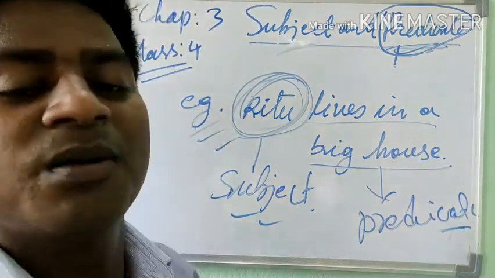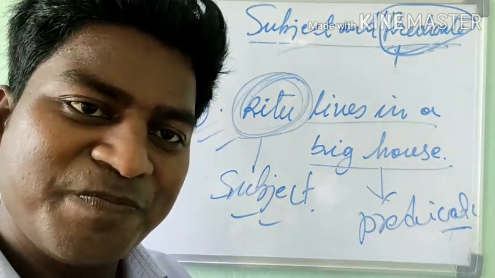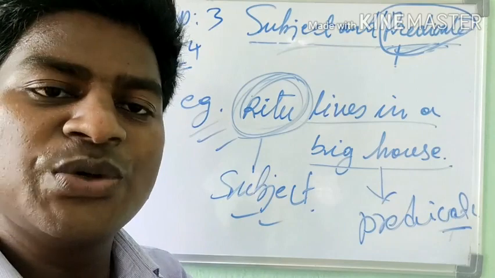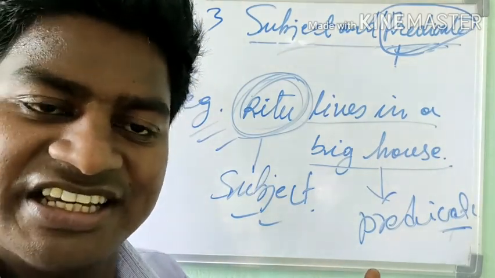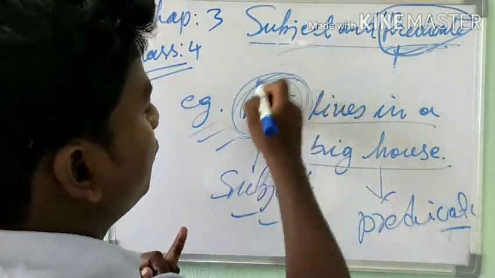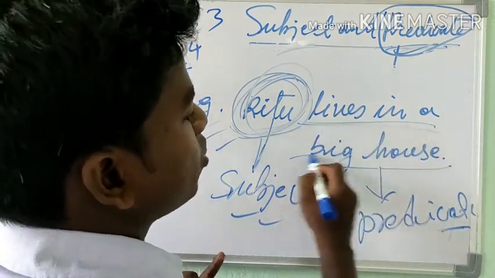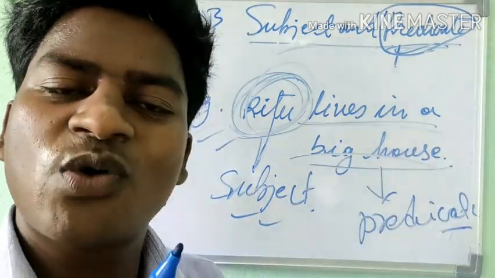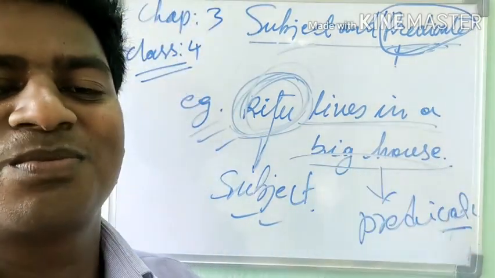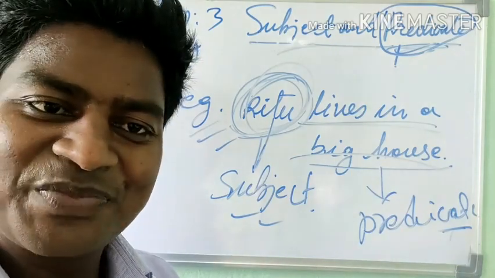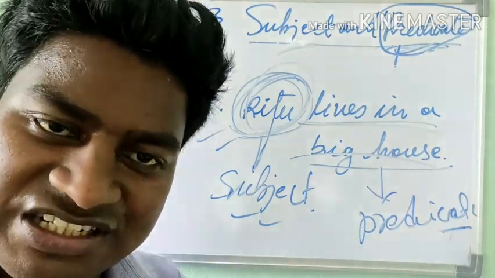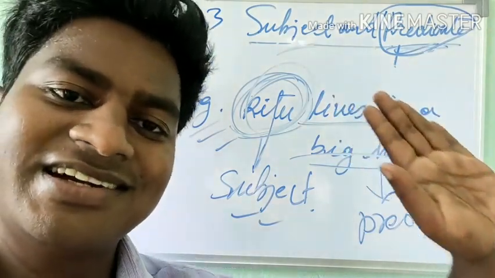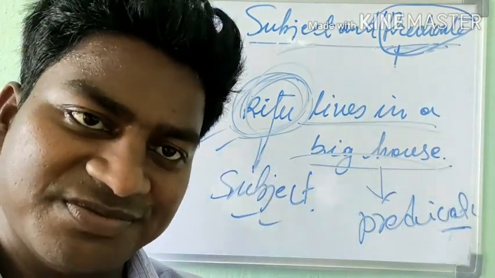That's why this is predicate. Clear? Another easy way to find out subject and predicate is, once you have found out the subject, the rest of the part is called predicate. Clear?